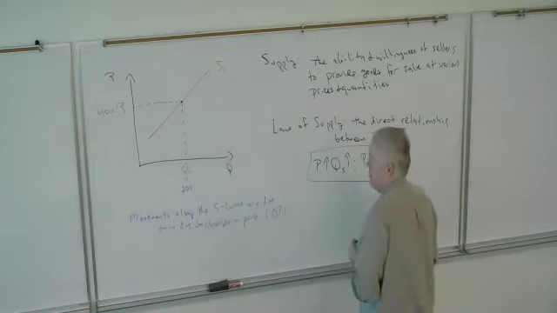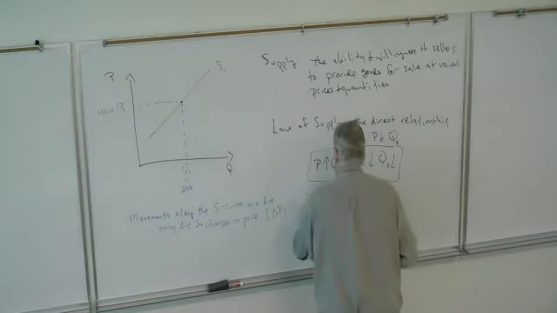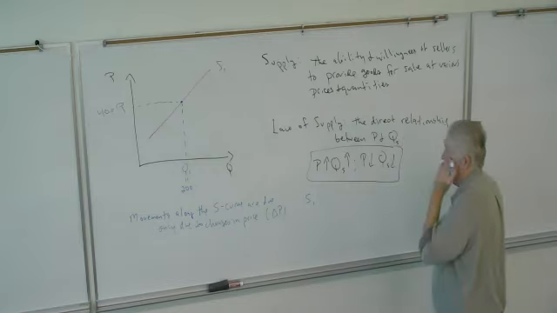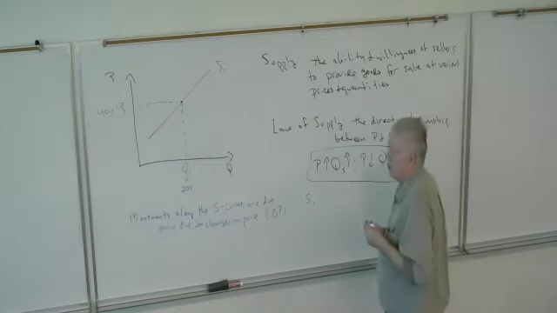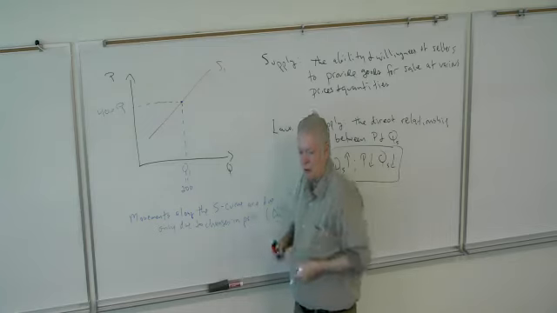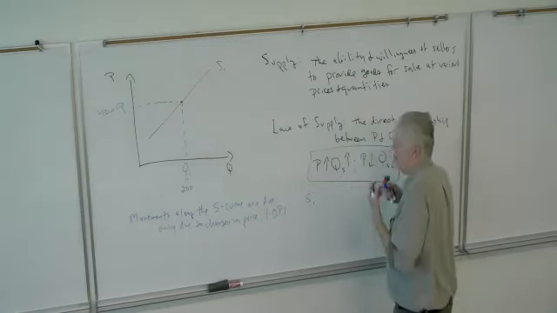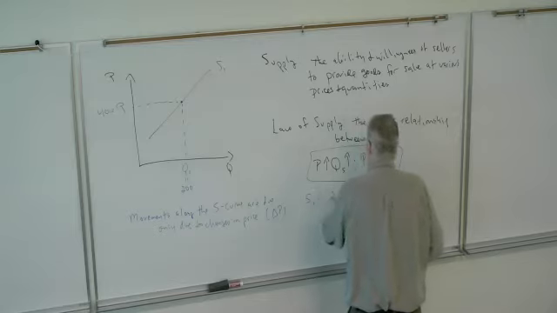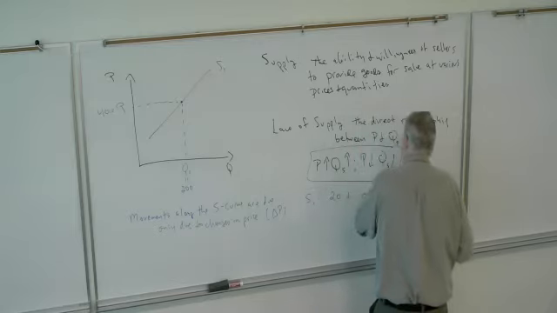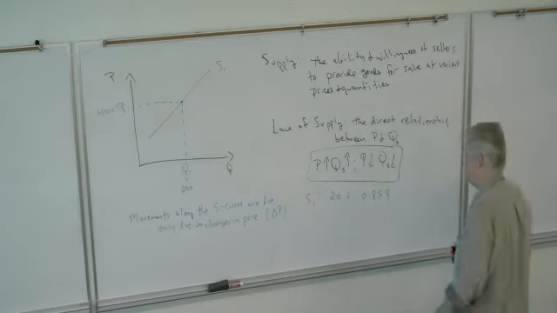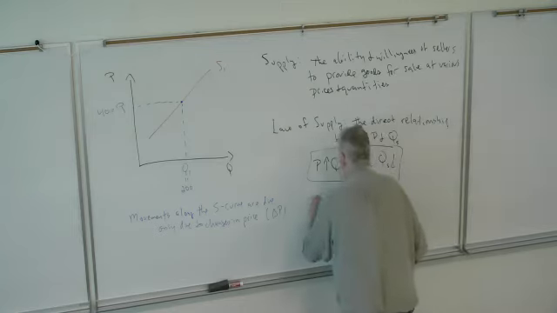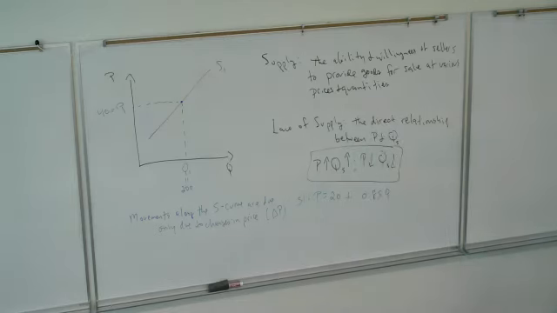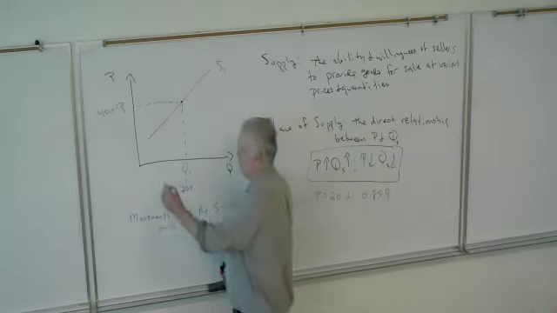And as a result, the equation for S1 might look something like this. I don't really want to belabor the actual equations, other than to point out that when we have movements in these curves, they're due to something that's mathematically changing in the relationship between price and quantity. So you might have an intercept of 20 plus 0.85 Q. In other words, S1 is price equals 20 plus 0.85 Q. That's the S1 equation, meaning you've got some sort of intercept here at 20.